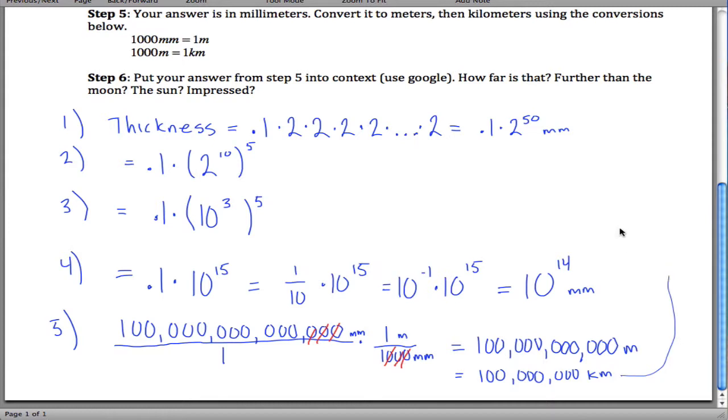It's a lot of kilometers. It's very thick. Let's put that into context. How far is that? Well, distance to the sun is, I Googled it, about 150 million kilometers.